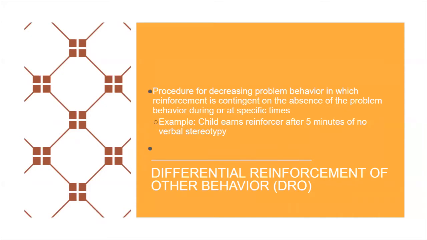For that, we'll set a timer for 5 minutes. If the child doesn't have any stereotypy after the 5 minutes, the child is reinforced. So in actuality, we're reinforcing the absence of problem behavior.